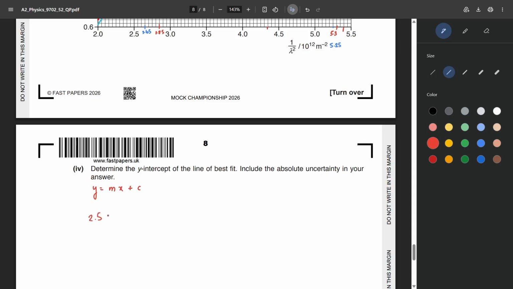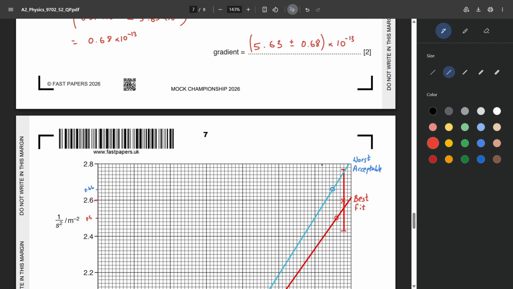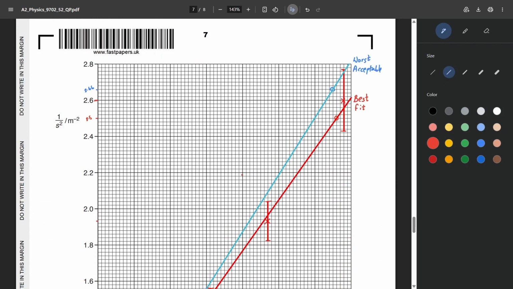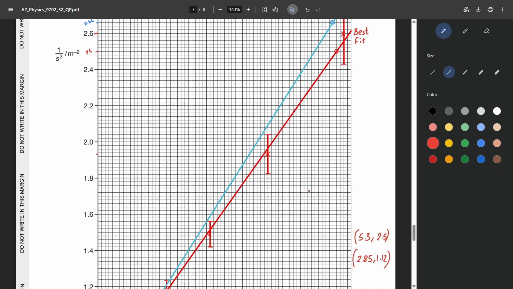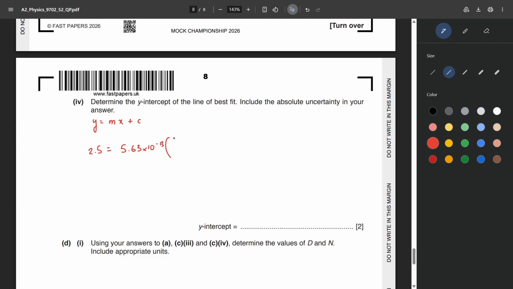So 2.5 will be equal to the gradient, which has a value of 5.63, times the value on the x-axis, which is 5.3, times 10 to the power of 12, plus c. The value of the y-intercept would be minus 0.484.